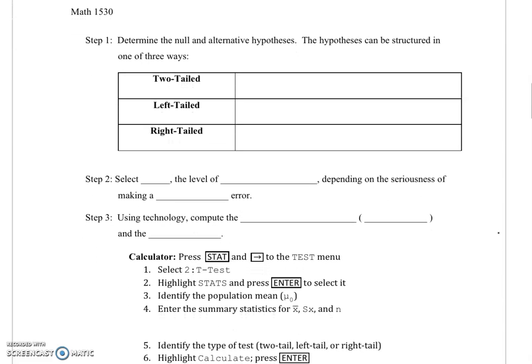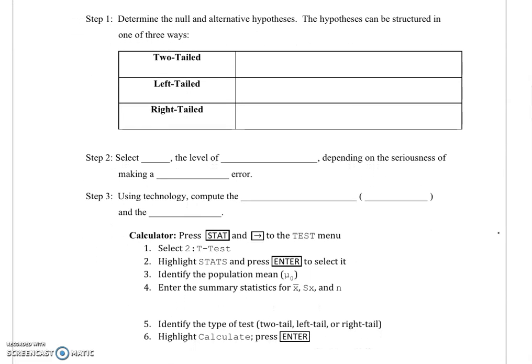The steps are virtually the same. We start by determining the null and alternative hypotheses. And just as with the proportions, those can be structured in 3 ways. H naught will be mu equals mu naught.